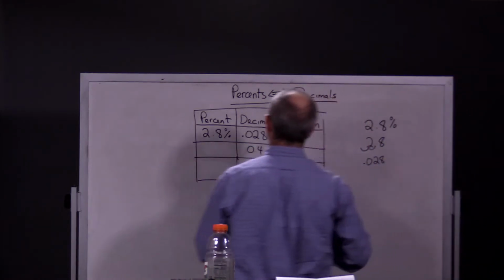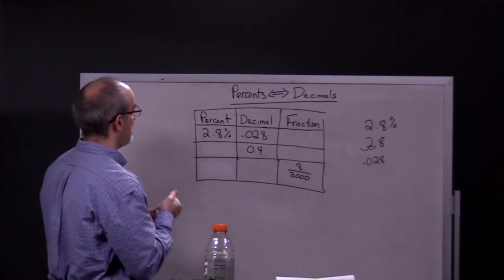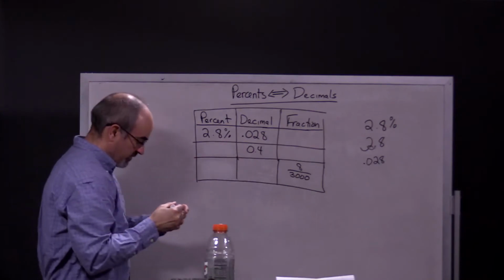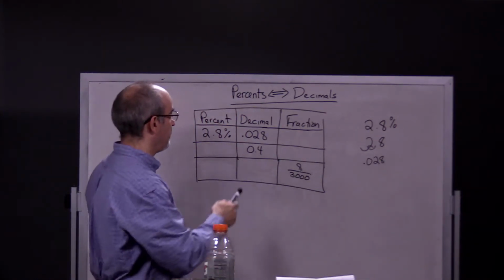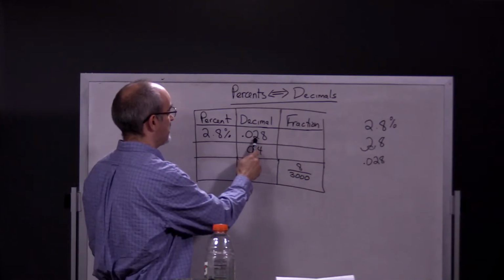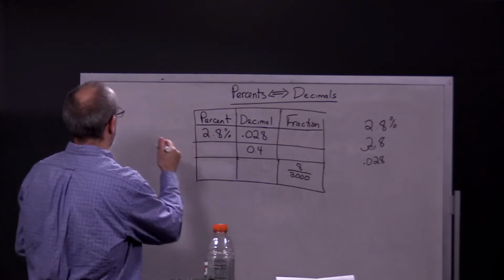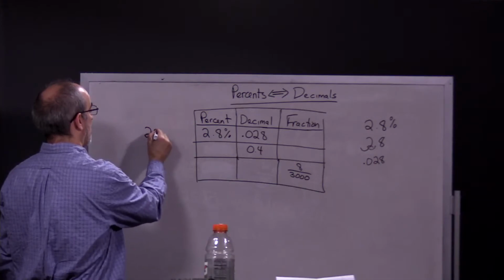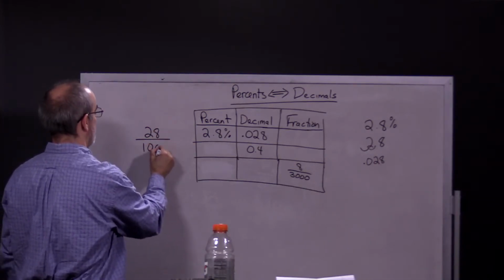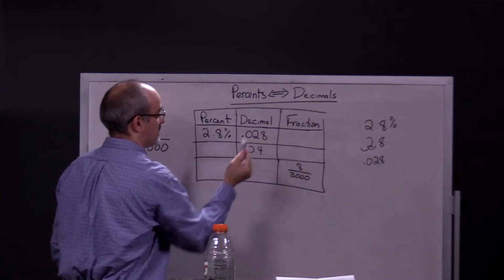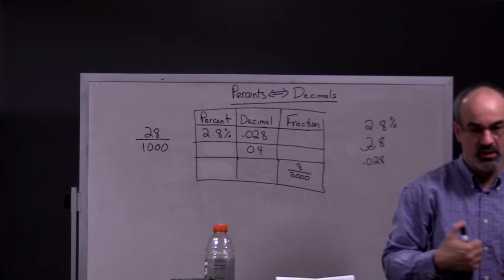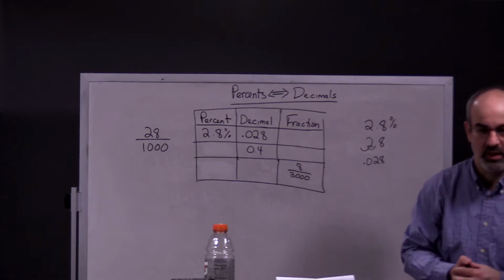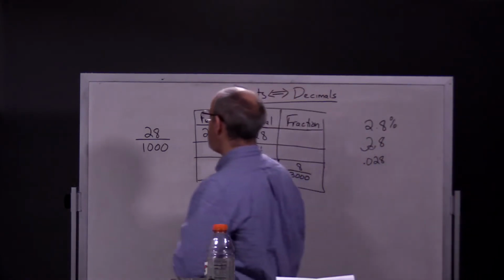So, how do you write a decimal as a fraction? Well, we talked about that before. You look at the place that it ends at. So this is the tenths, hundredths, thousandths. You write the number 28 over 1,000 because this is the thousandth place. If that had been the tenth place, you would write it over 10. If it had been the hundredths, you would write it over 100.